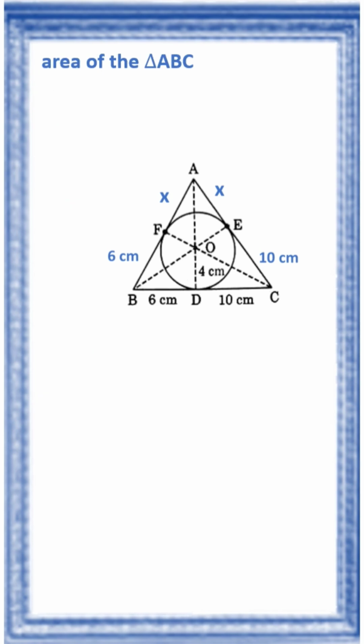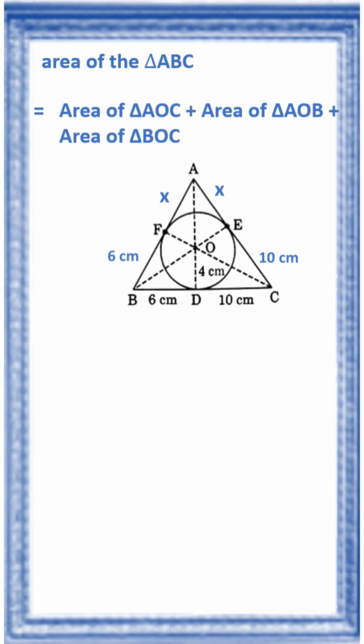Now area of triangle ABC is also equal to area of triangle AOC plus area of triangle AOB plus area of triangle BOC. Area of triangle AOC, I have shaded triangle AOC. Please look at the figure.